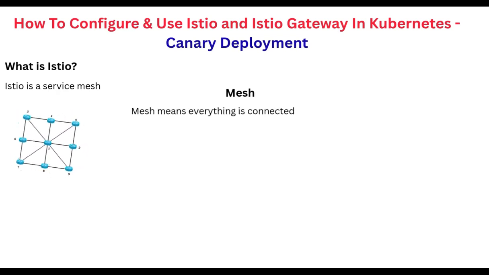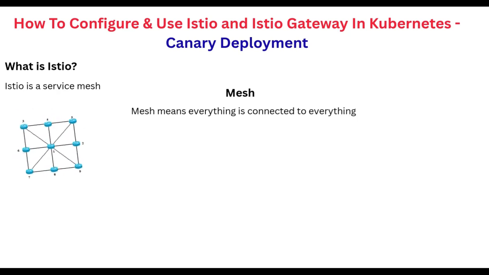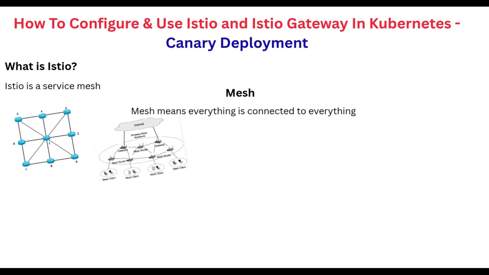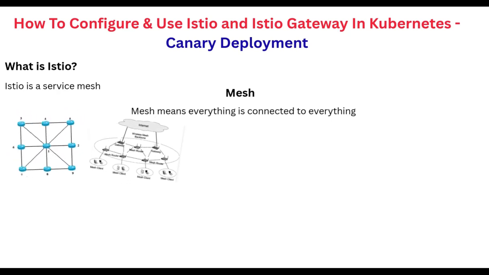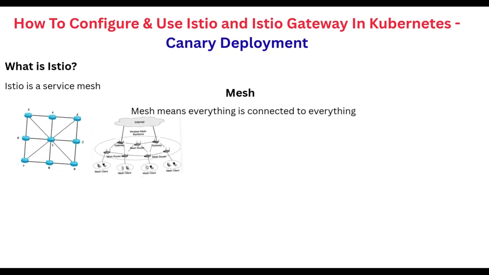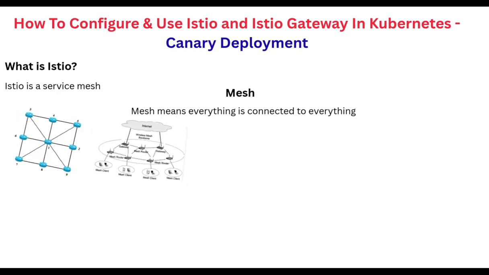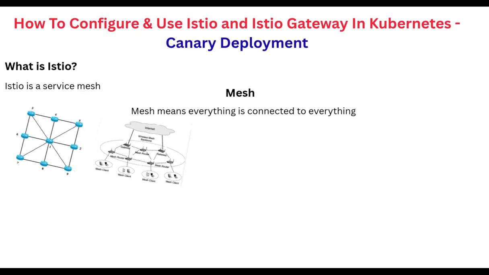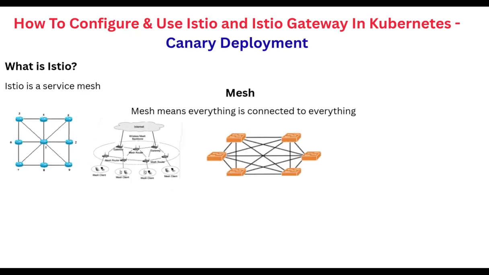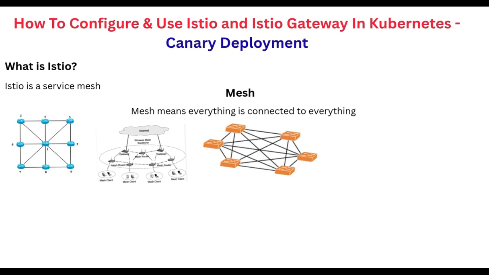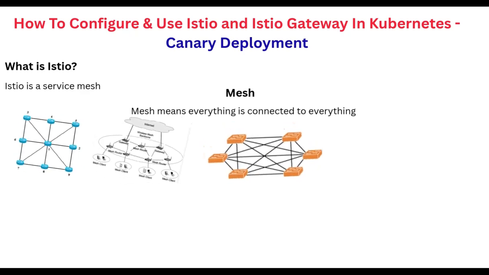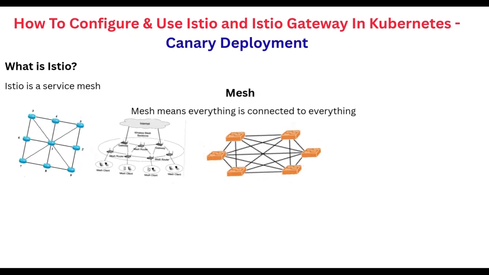In that case, it is safe to say that a network mesh means that every network device is connected to each other. They are interconnected. They are meshed together. Similarly, a storage mesh would mean that all storage devices are connected together. They are linked together, they are meshed together.